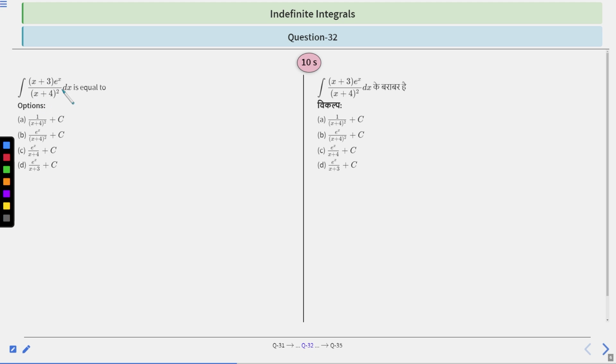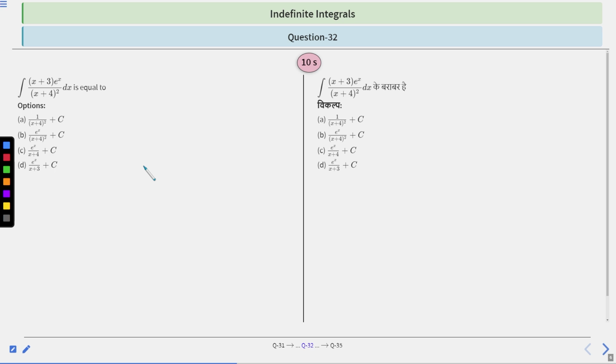Clear? So in this way you try to think of this question, because when you differentiate the answer part, you will use the quotient rule. So in the integration part, you can think of similar things to apply, so that you will reach the answer. Clear?